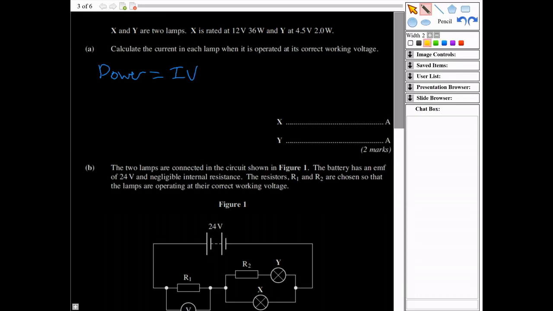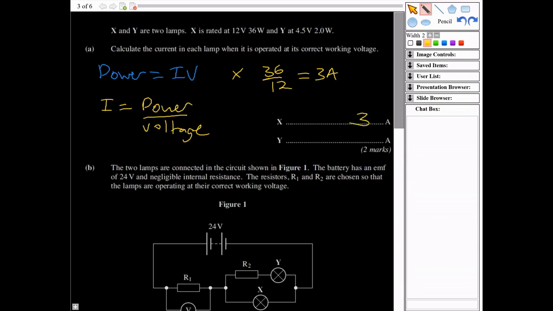So we're asked to work out the current, so the current is therefore going to be the power divided by the voltage. So for X, it's going to be 36 divided by 12, which is 3 amps.